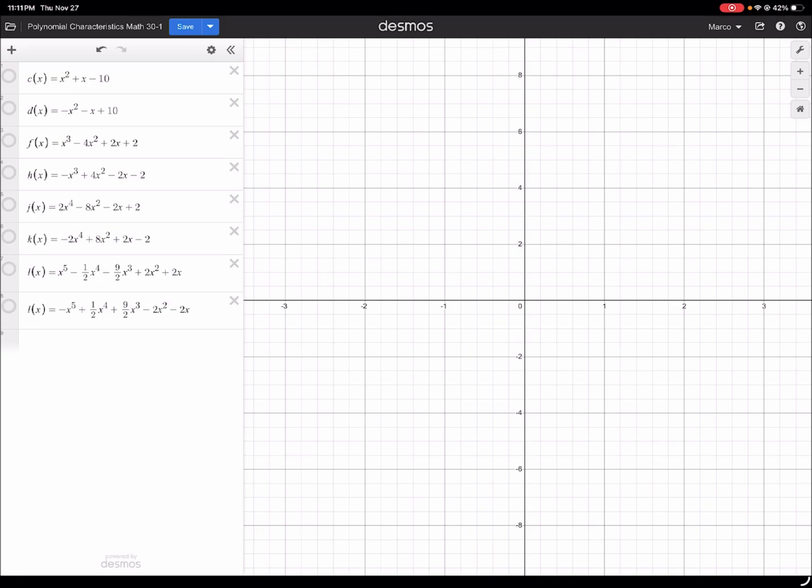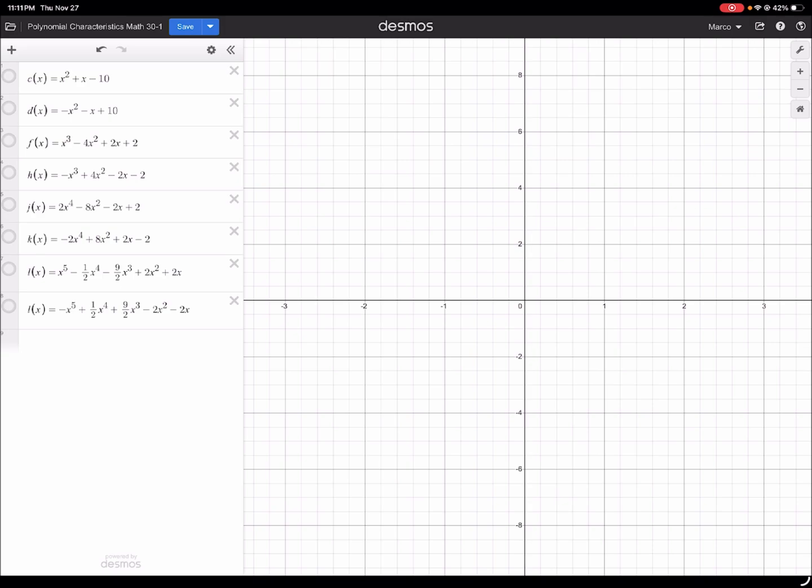In this particular section, we will need those skills, but we're also going to learn new skills to factor cubic, so third degree polynomials, fourth degree, fifth degree. So we're going to elevate from what you've learned in the past.